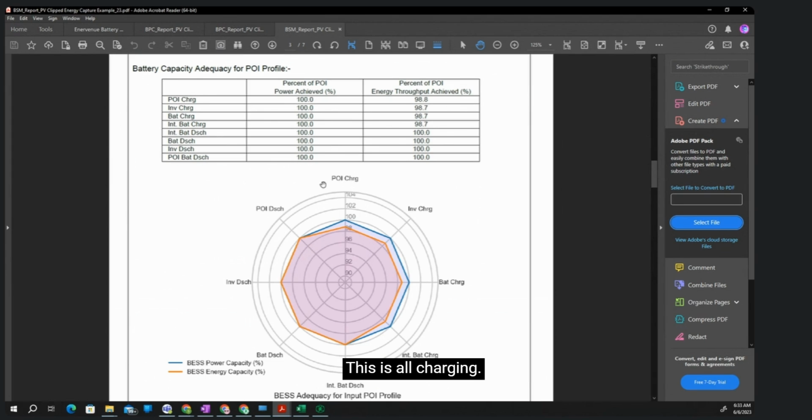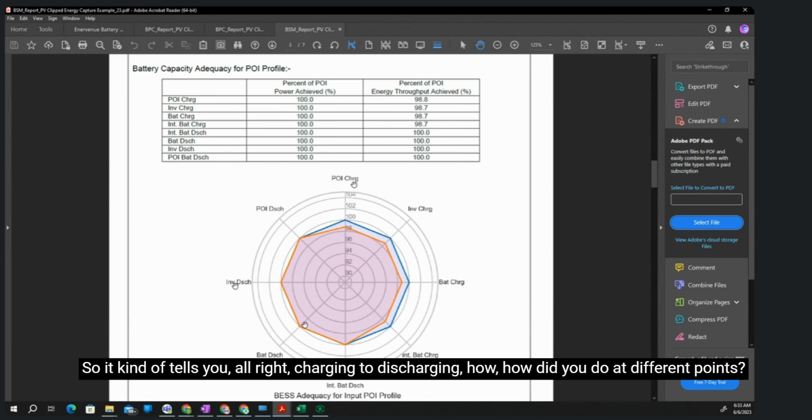This is all charging, and then from here, it's discharging. So internal to the battery, inverter, and then POI, all discharging. It tells you, charging to discharging, how did you do at different points?